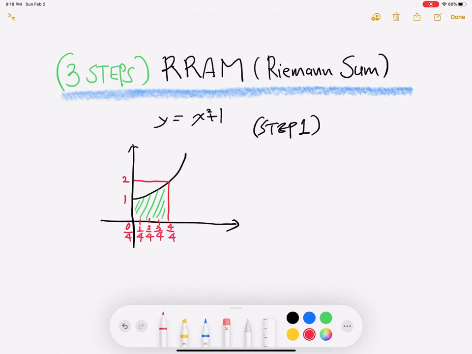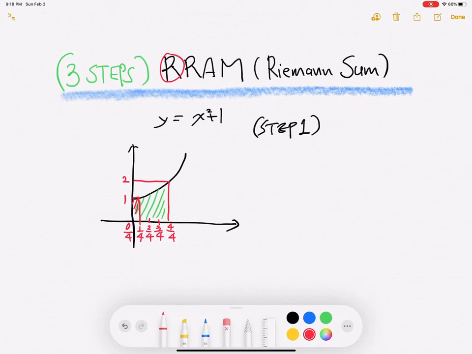And the rectangles' areas. What is the first rectangle's area? It is RRAM, so R means the right endpoint of each subsection is used. The first subsection is from 0 to 1/4, and I find the right endpoint, x equals 1/4, on the graph and draw the rectangle.